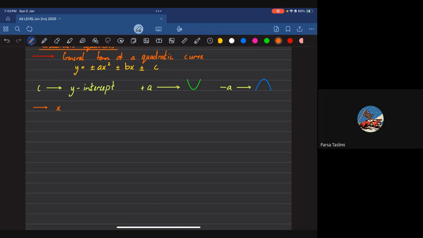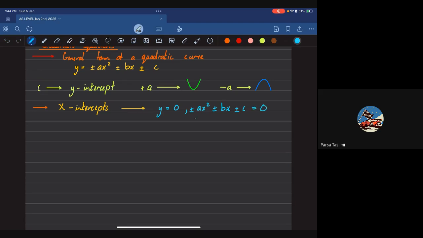Whenever you have to find the x-intercepts of the quadratic equation, you're going to write down y is equal to 0, and you're simply going to put it in your general form of the equation, which is going to turn into ax squared plus minus bx plus minus c is equal to 0.